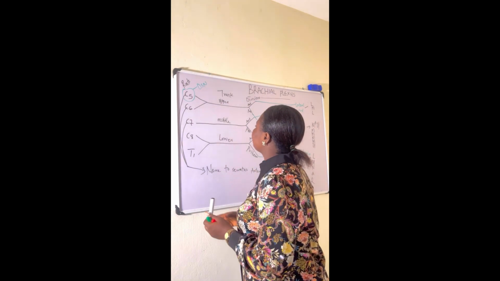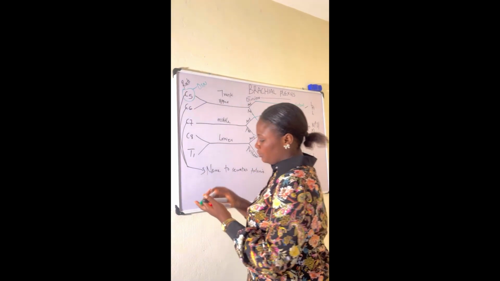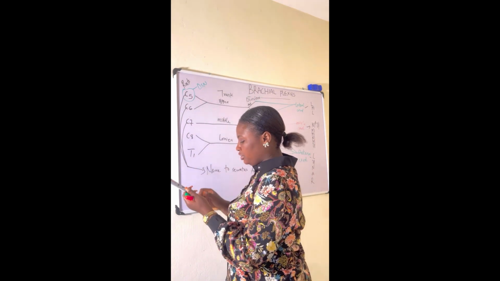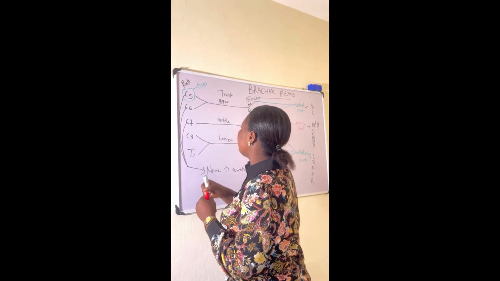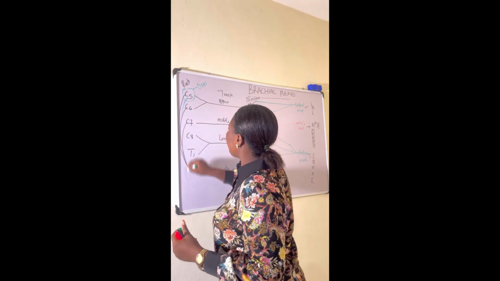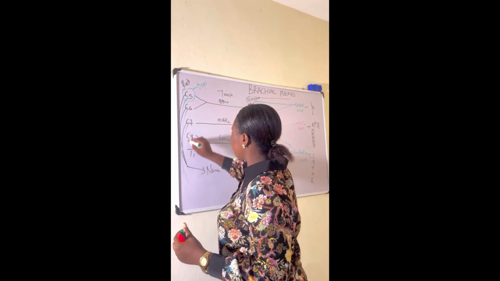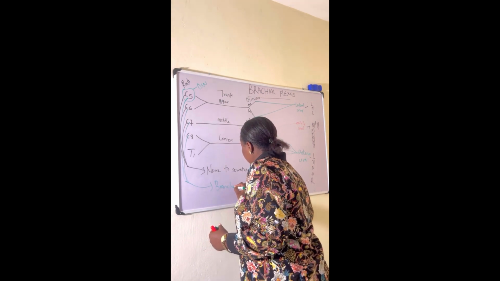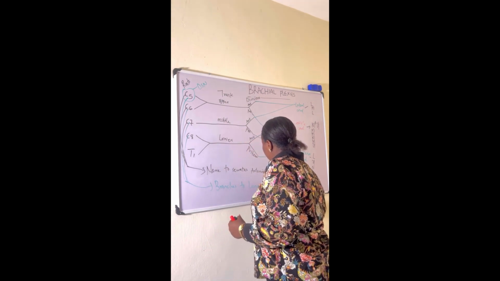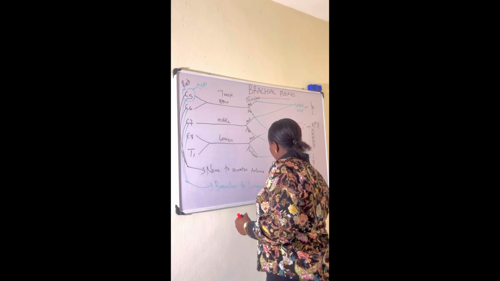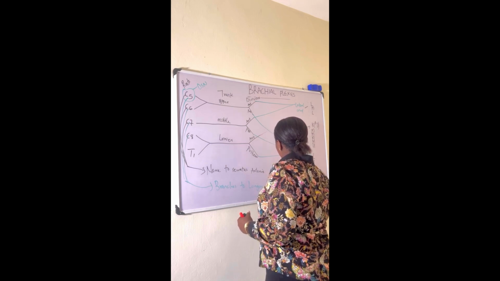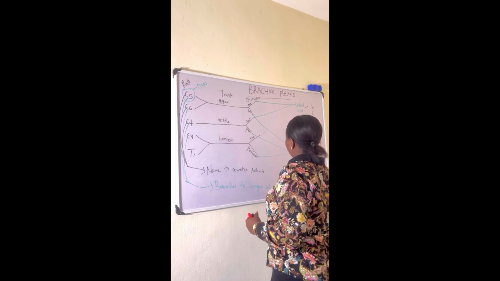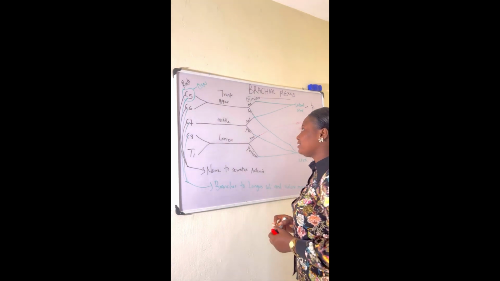Then the last branches on the roots, C5, C6, C7, C8, are the branches to longus colli and the scalene muscles. So that's for the branches coming from the roots.